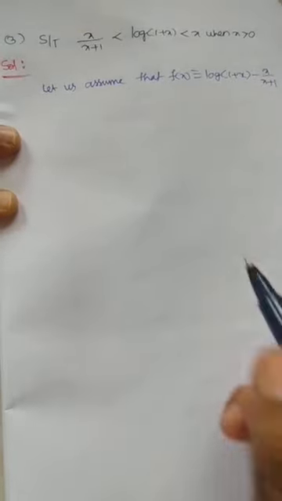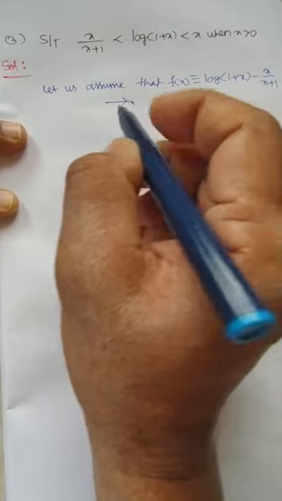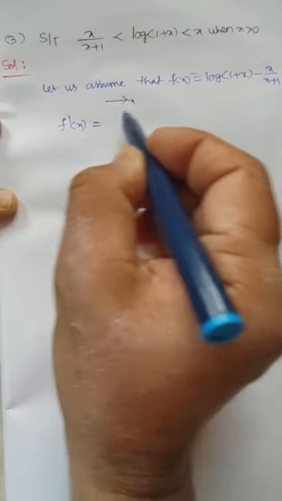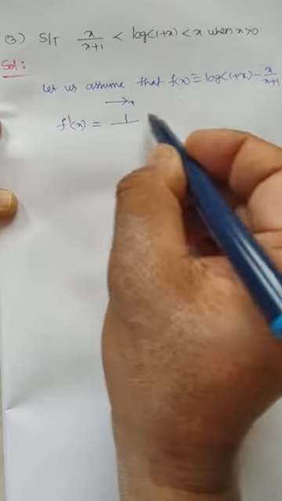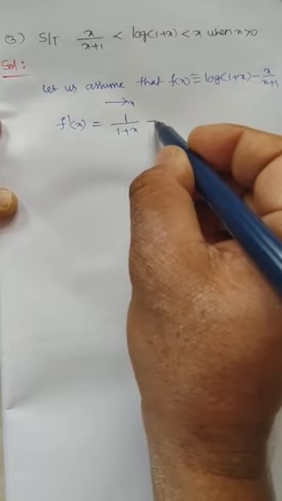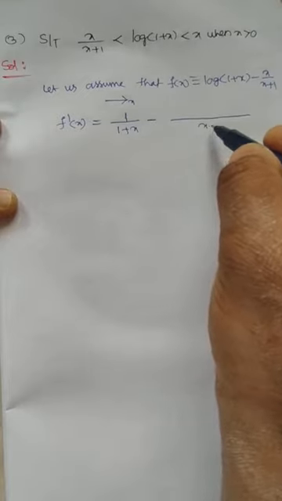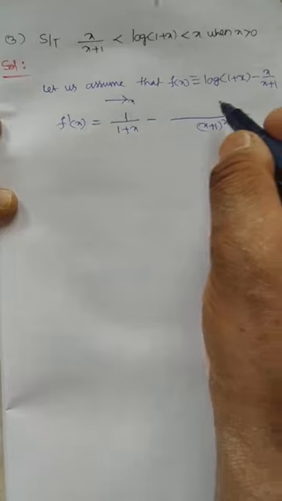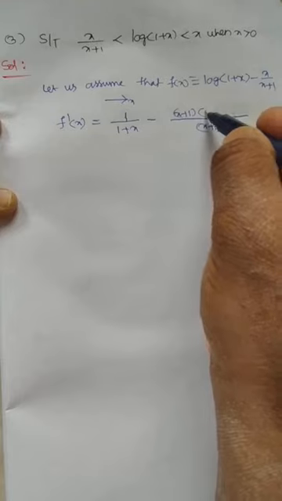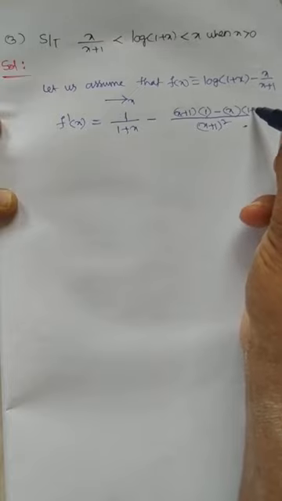Okay. Let us find the f dash of x function for this. So now I am differentiating the above function with respect to x on both sides. I would get f dash of x is equal to, derivative of log of 1 plus x is 1 by 1 plus x, minus, and it is u by v form, so x plus 1 whole square, v remains the same, x plus 1 into x derivative is 1, minus u remains the same, and 1 plus x derivative is 1 plus 0.